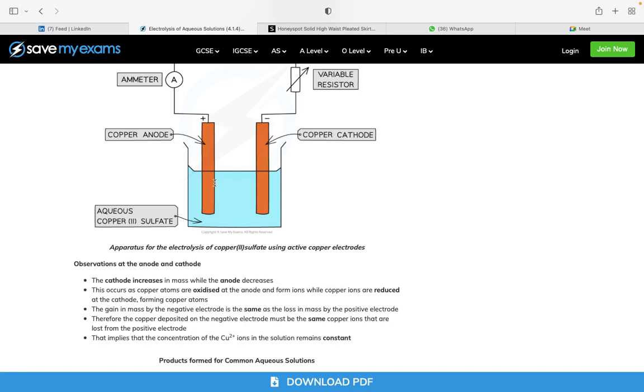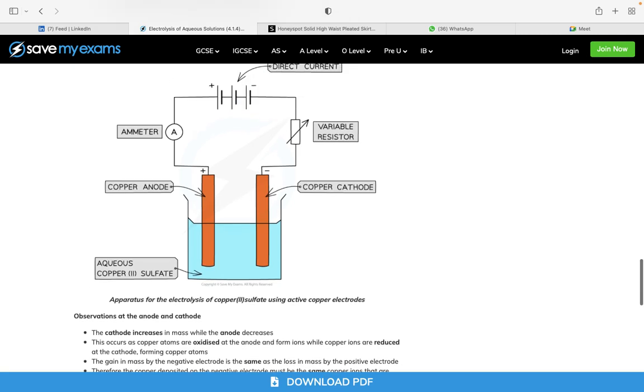Now this occurs as copper atoms are oxidized at the anode and they form ions, while copper ions are reduced at the cathode to form copper atoms. So copper is reduced here and is oxidized here. Copper is reduced at the cathode, but is oxidized at the anode.